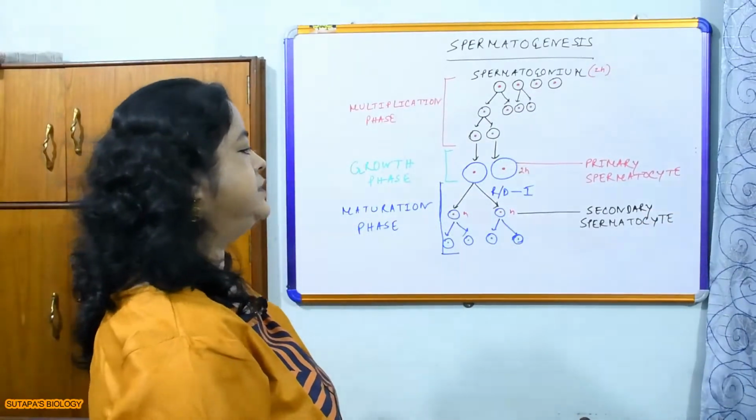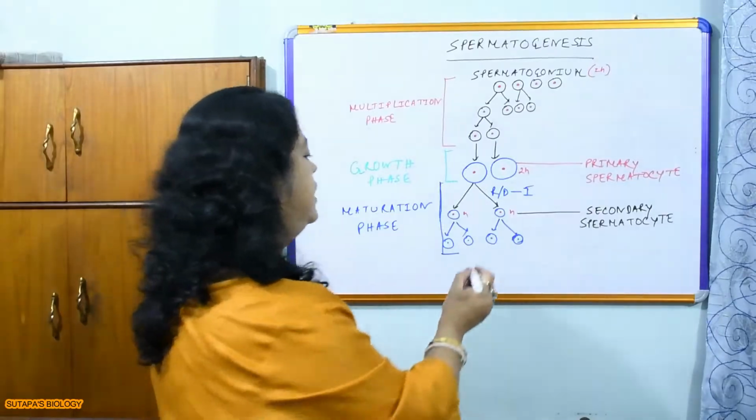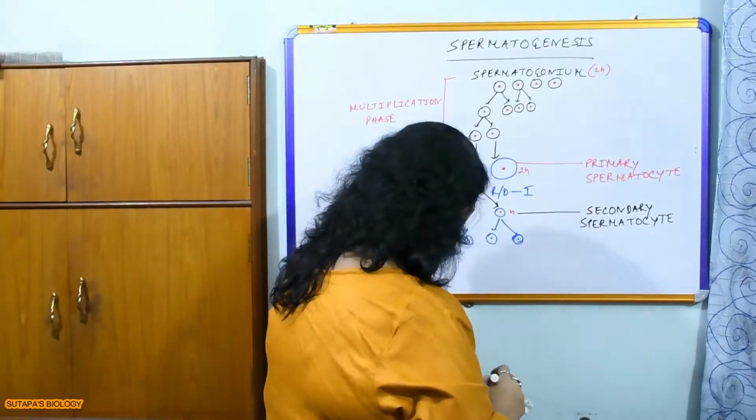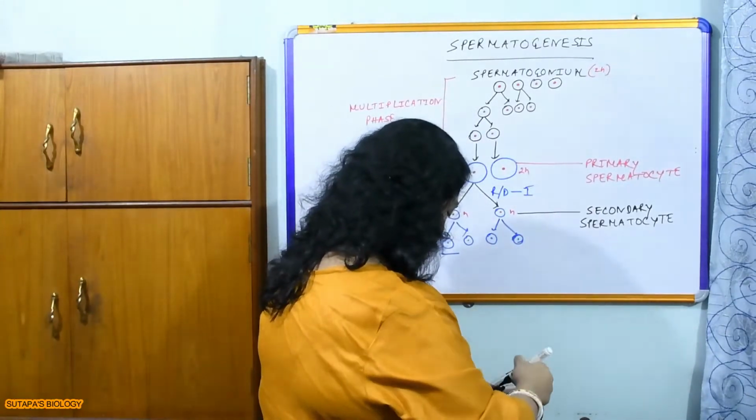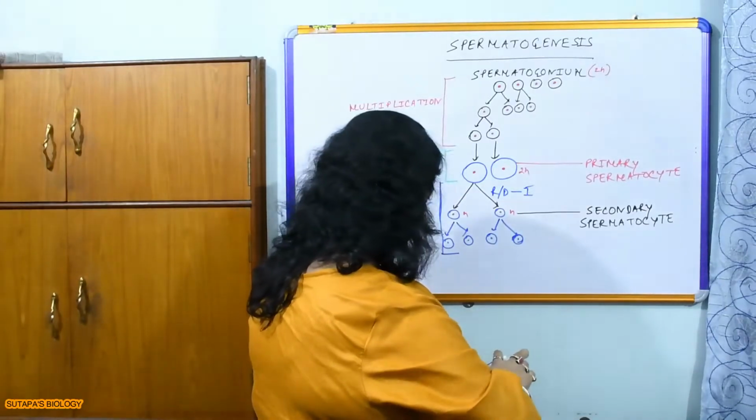Secondary spermatocyte is also N, and after that there will be the formation of spermatid.